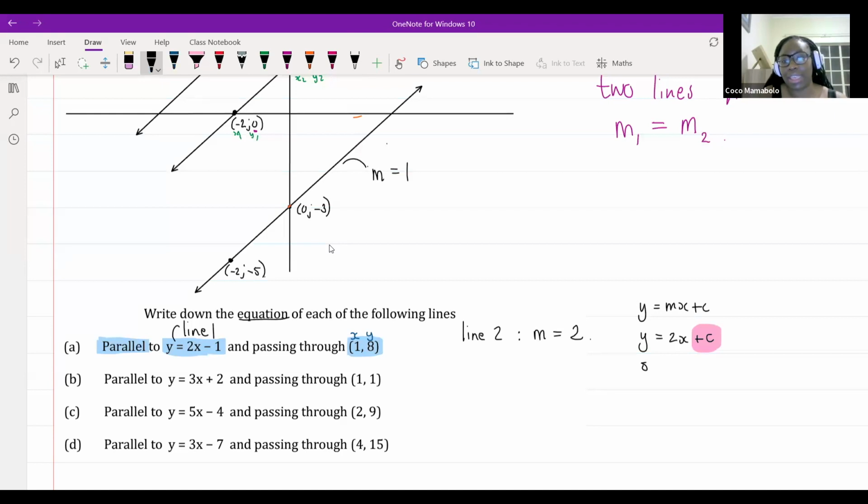So I'm going to have 8 is equal to 2 multiplied by x, which is 1, plus c. So 8 is equal to 2 plus c. If we take the 2 over to the other side, it becomes negative 2. Therefore, c is equal to 6. So that means the equation of line 2 will be y is equal to 2x plus 6.